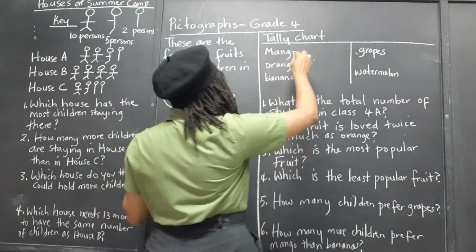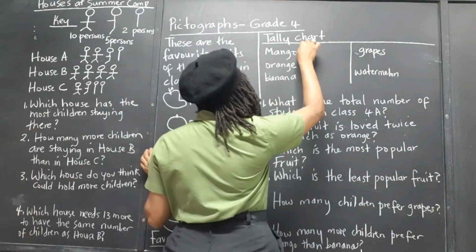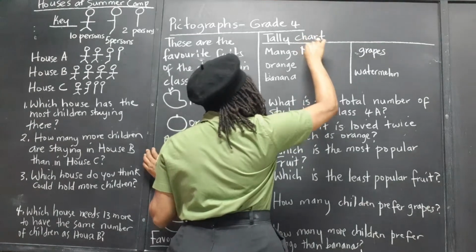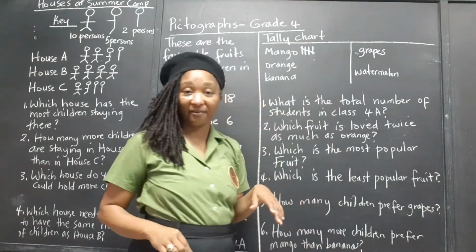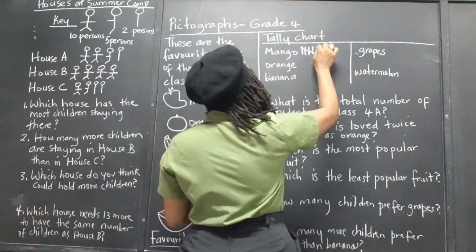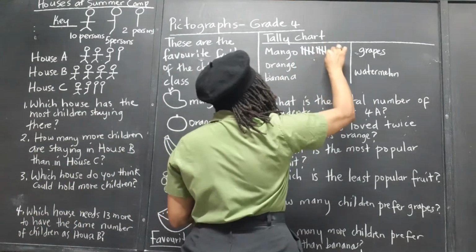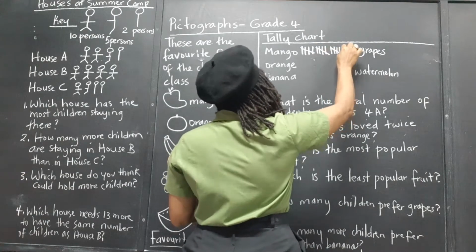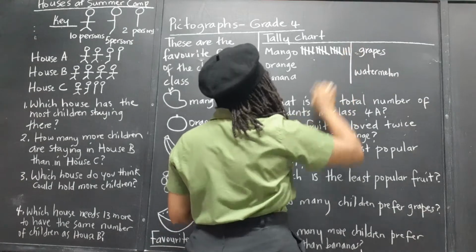Remember, we're counting in groups of 5, and when we get to 4, so 1, 2, 3, 4, we draw it diagonally for 5. So that's 5, 6, 7, 8, 9, 10, 11, 12, 13, 14, 15, 16, 17, 18.